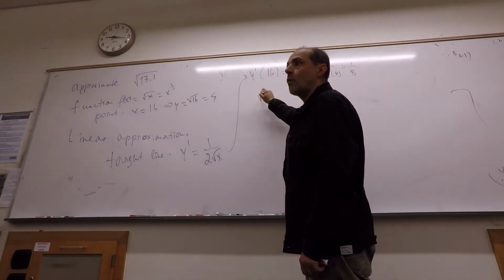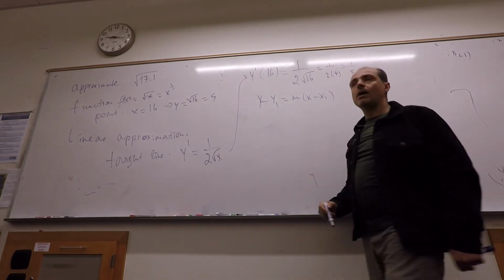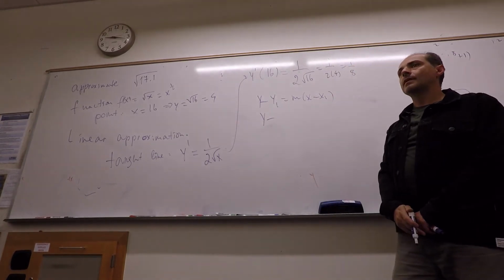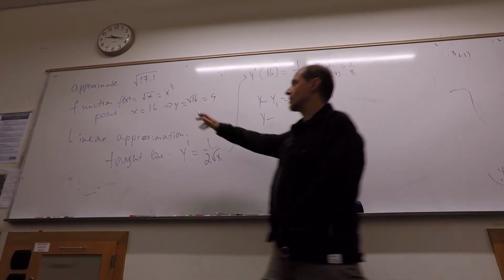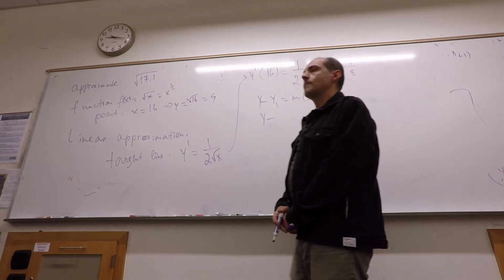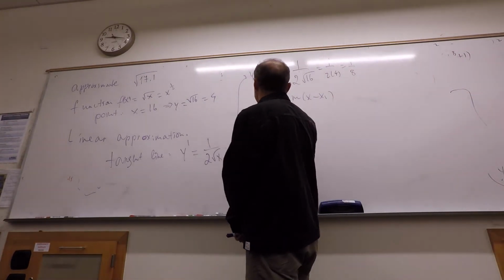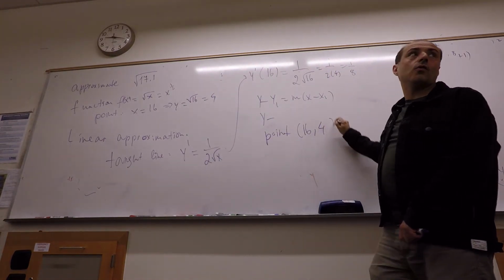We do y minus y1 equals m times x minus x1. Before you go any further, that's the derivative of that equation, right? So what is the point? X is 16, y is 4.